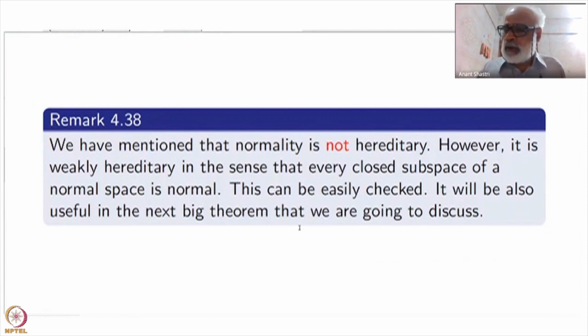So start with Y as a closed subspace of X. If A and B are disjoint closed subsets of Y, then they will be closed in X itself. Therefore, normality of X will produce disjoint open subsets in X which contain A and B. Now you intersect them with Y. Okay, so Y will be normal. So a closed subspace of a normal space is normal. Okay, and that information is important and we are going to use that also in the next theorem.